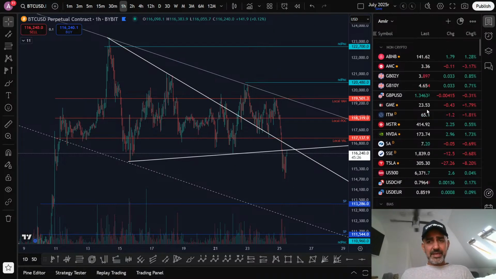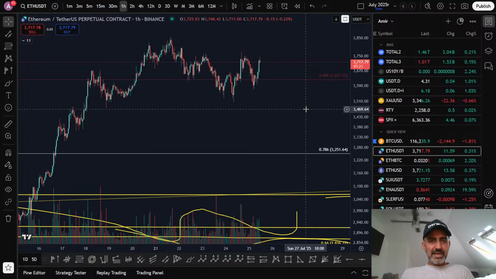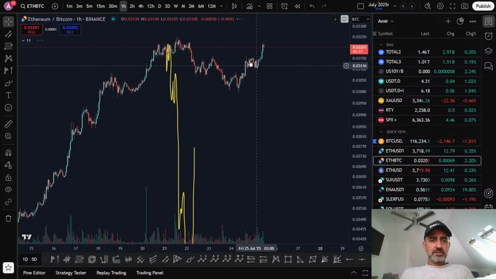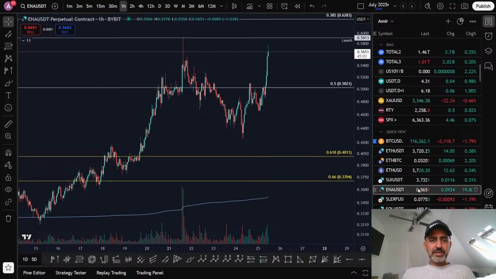That being said, are altcoins weak? Because that's what we're interested in. Altcoins are not really weak. They're showing strength, aren't they? ETH BTC is going up. So the weakness in BTC is really more of a rotation of capital, which means the rotation is pulling Bitcoin down while pumping altcoins.